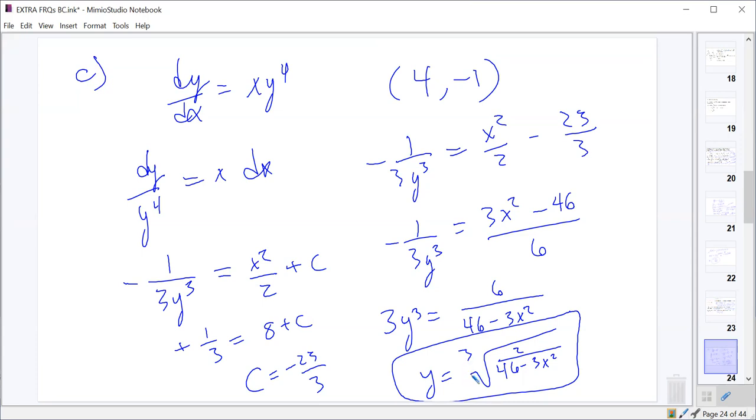And in order to figure out if it's the positive or the negative, you have to go back to your initial condition and make sure you choose the one that makes your initial condition true. Same thing if you have an absolute value: when you take the absolute value off, you get a plus or a minus. So make sure you go back to the initial condition to determine which, the plus or the minus, you actually want. Everybody good there?